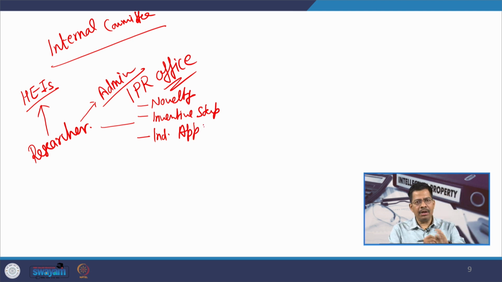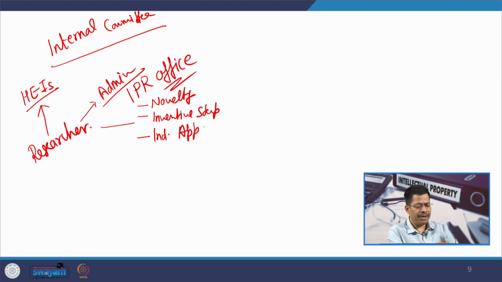If your internal office, the IPR office, the administrative office, is satisfied on these three aspects, then only they will process your application to the next level.